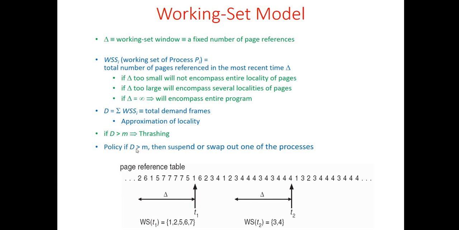So when D is greater than M, the policy followed is to suspend one of the processes or swap out one of the processes from the physical memory, so as to reduce the page faults and hence reduce the effect of thrashing. So this is the concept of the working set model, to reduce the number of page faults occurring in the physical memory, as well as to reduce the effect of thrashing.